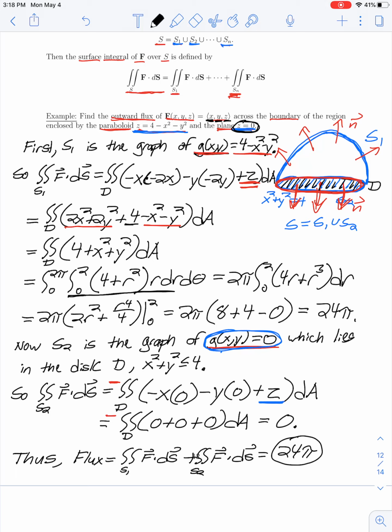So we see even for this example, where our surface S might be the union of just two pieces, it can start to get a little bit tedious. And at the end of this chapter 6 material, we'll get a nice result which makes evaluating these flux integrals over closed surfaces much easier.